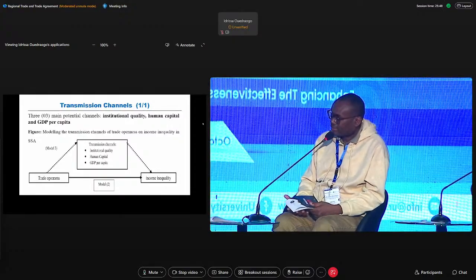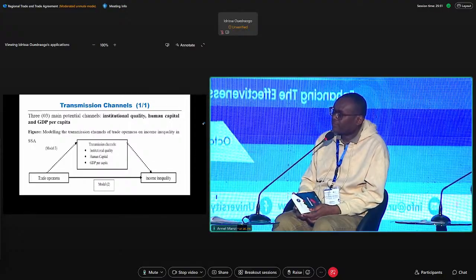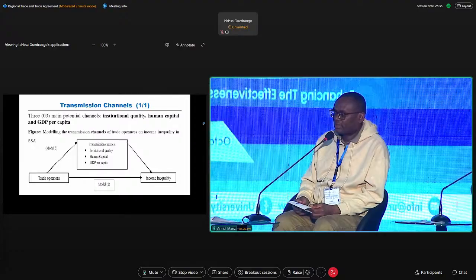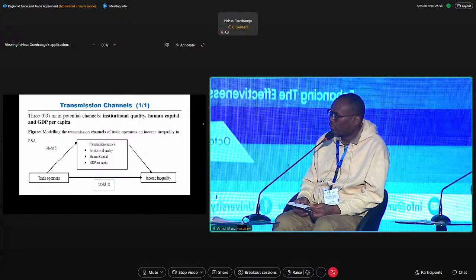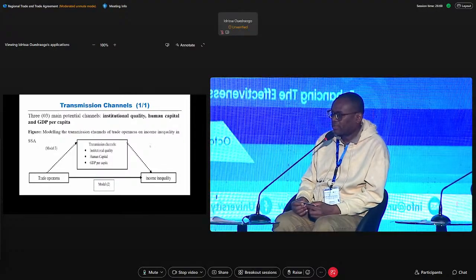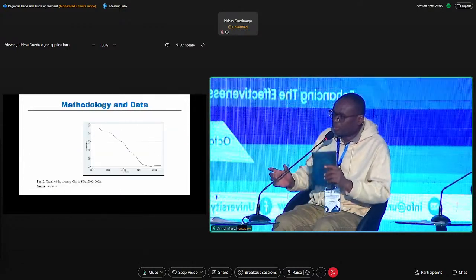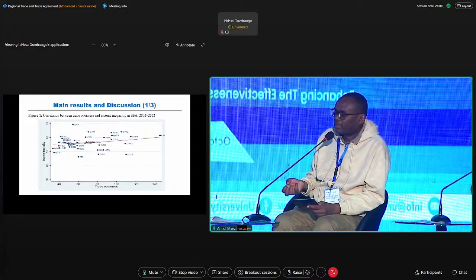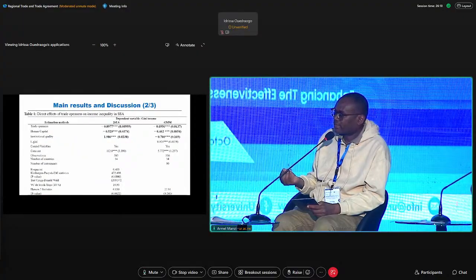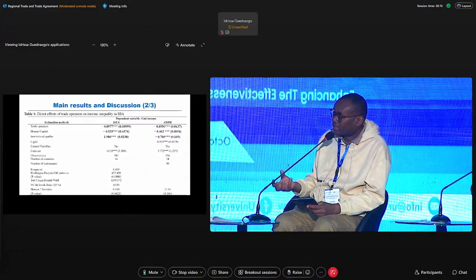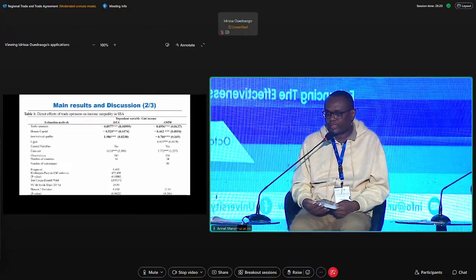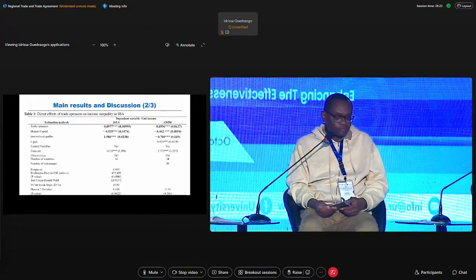But as I said, even if its effect is positive, the coefficient remains very small, which means a good recommendation would be a policy which can help to increase this coefficient. Which policy now can increase this coefficient? This is my question. Thank you, Chair.